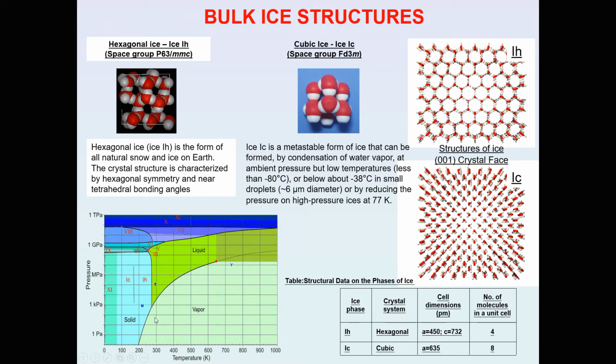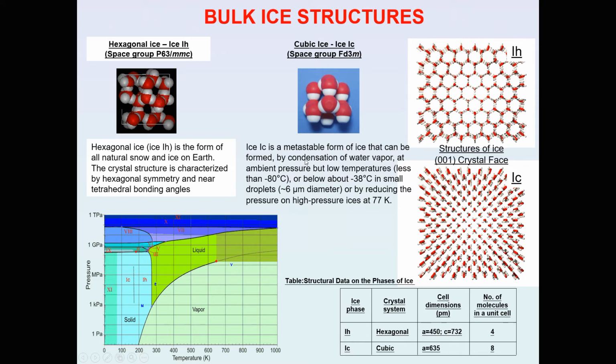At ambient pressure, ice has a hexagonal structure, so we have hexagonal ice, which is formed in natural snow and ice on Earth. At lower temperature and higher pressure, we can distinguish a different form of ice, which is called cubic ice, with a different space group.